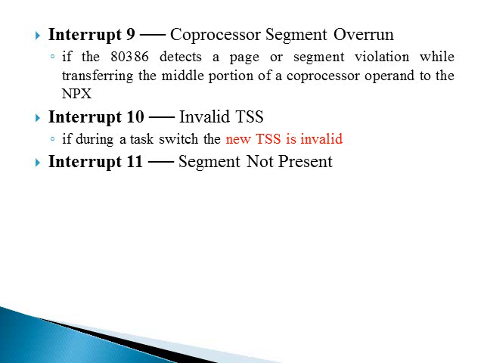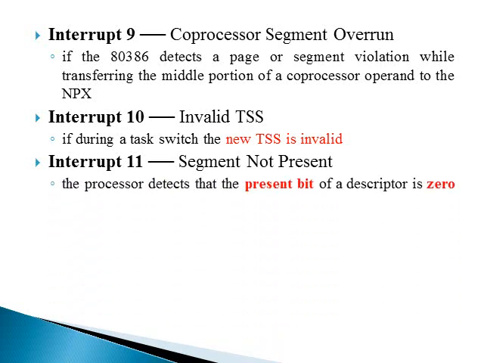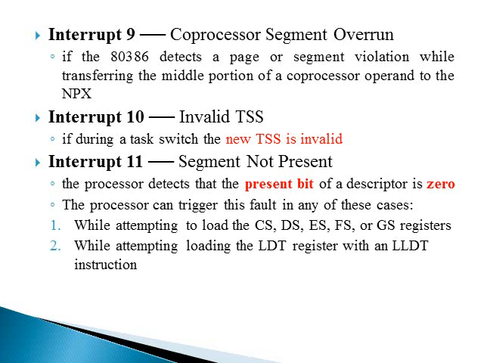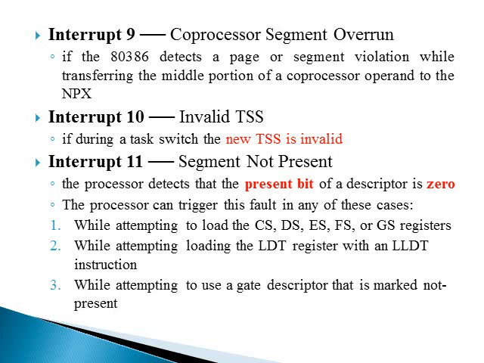Interrupt 11, which is the segment not present exception. This exception occurs when the processor detects that the present bit of a descriptor is 0. There are different cases when this fault is reported, like when attempting to load the CS, DS, ES, FS or GS registers, when attempting to load the LDT register with an LLDT instruction, and while attempting to use a gate descriptor that is marked not present.